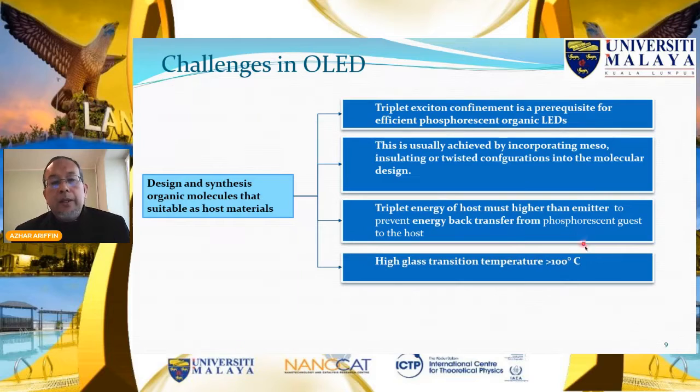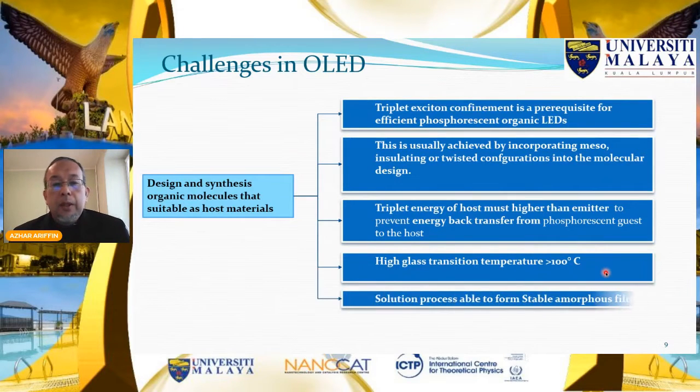Another criterion is that the molecule should have a high glass transition temperature, ideally more than 100 degrees Celsius. And if possible, the molecule should be solution processable. If it is solution processable, then we can make a big device. But there are other techniques also available like vacuum deposition, but it depends on the capability of the research group.